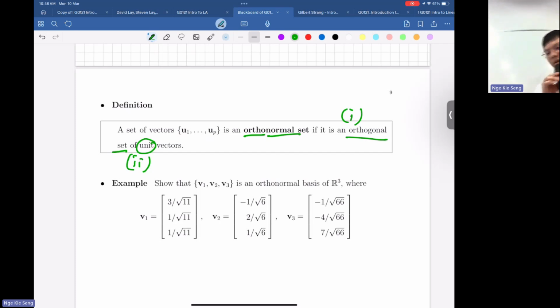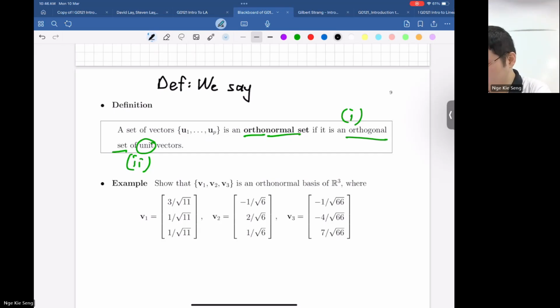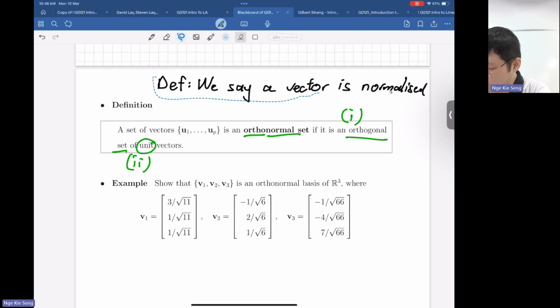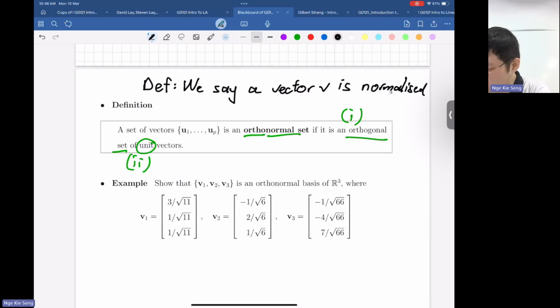When we say normalize a vector, maybe let's define another word. We say that a vector is normalized. Let's call our vector V. V is normalized if V has length 1.